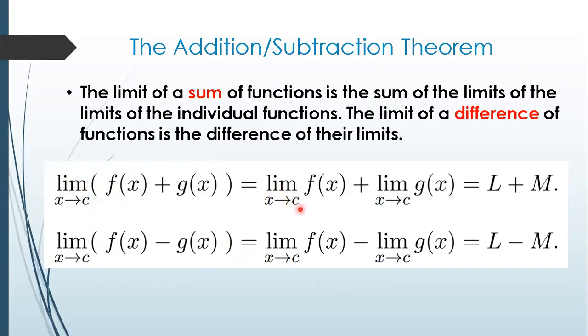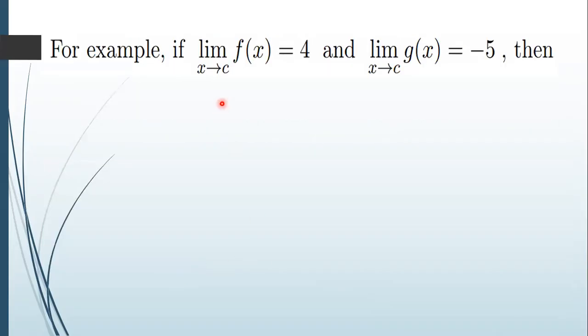So that's the limit of f of x as x approaches c plus the limit of g of x as x approaches c is just equal to L plus m. And then for the subtraction one, they apply the same rule, but the only difference there is their operation, which is subtraction. Let's try an example.